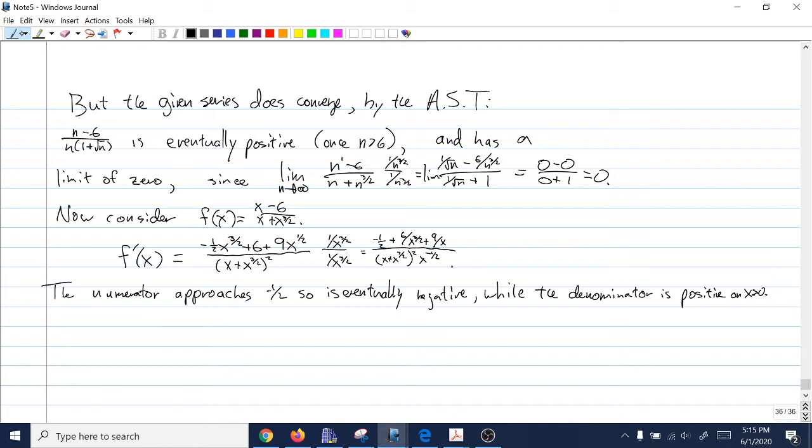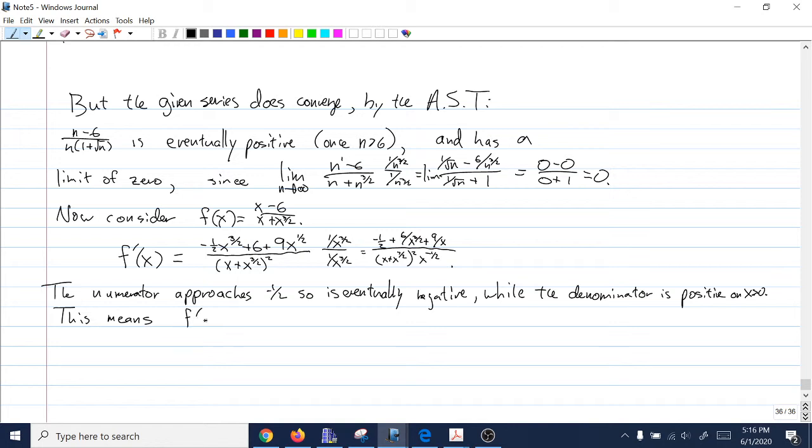Consider this function. Its derivative is this. The numerator approaches negative 1 half, so is eventually negative, while the denominator is positive. So, this means, what have I used? I feel like I've said so too many times. This means, I shouldn't use so because it's not obvious why I'm talking about this still.